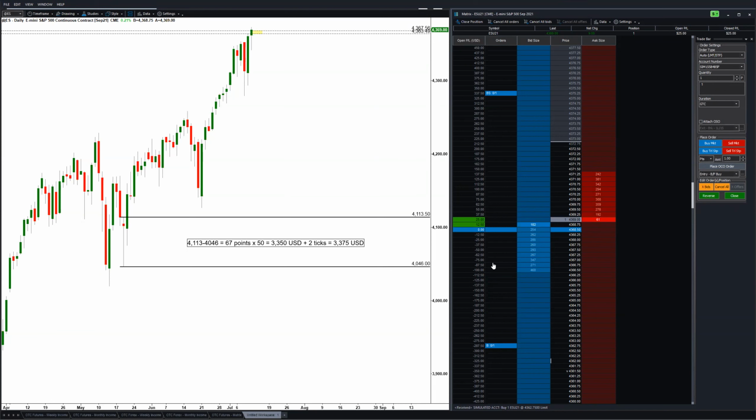So the matrix is nice if you just want to get in quickly, like a short below or a long above, or if your entry is close by and you just buy a limit. But if you want to place an order that is far away, it's not really convenient.